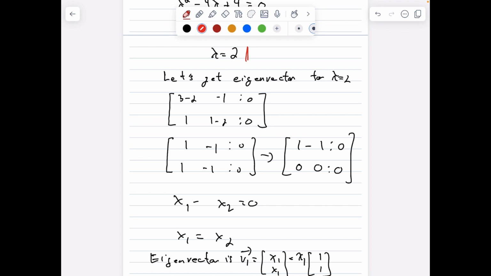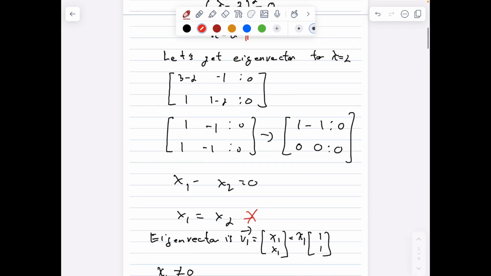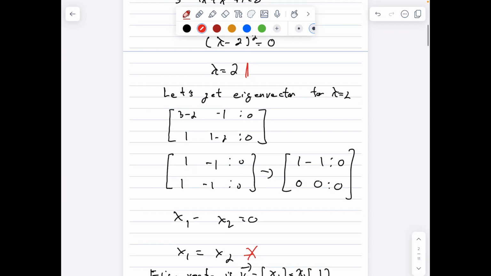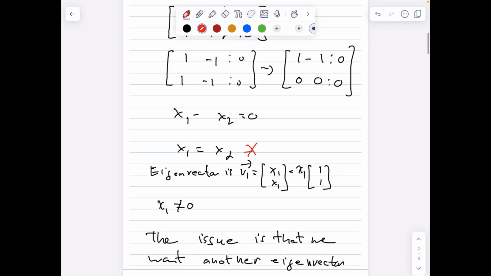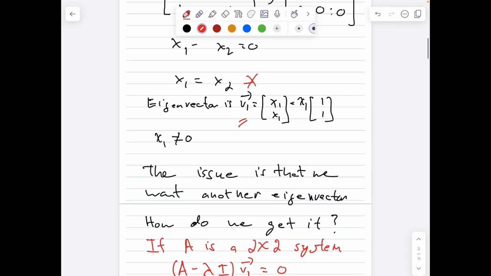So we find the eigenvector by putting it into A minus lambda I, row reducing, and you get x1 equals x2. Those are the solutions to the homogeneous equation. The eigenvector would be v1 equals (x1, x1), or just taking x1 as 1, (1, 1). And you only have one eigenvector.